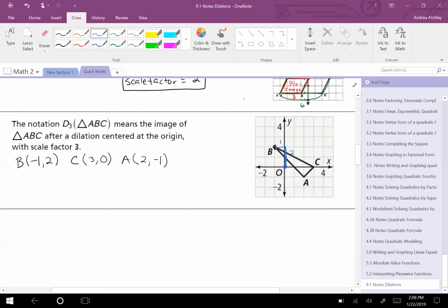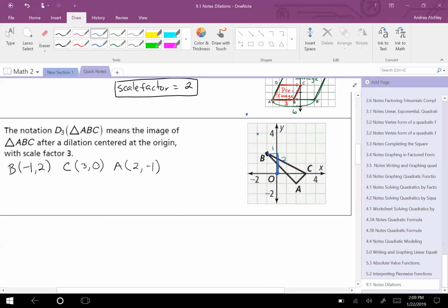Now I want to make it 3 times as far away. Okay, so I just have to do that same thing 3 times. So I go up 2 and over 1, then up 2 and over 1, then up 2 and over 1. And this is going to be B prime. So you can see this distance is 1, then 2, then 3. So this is 3 times as far away from the origin. Does that make sense?